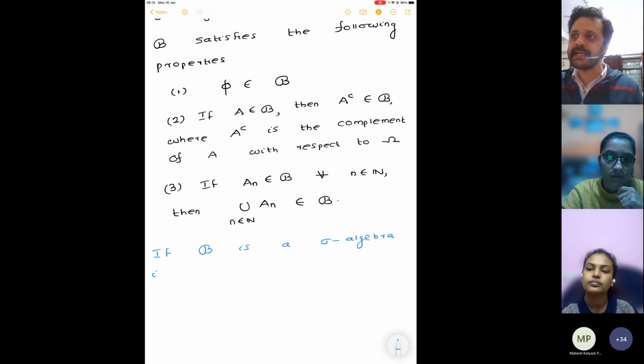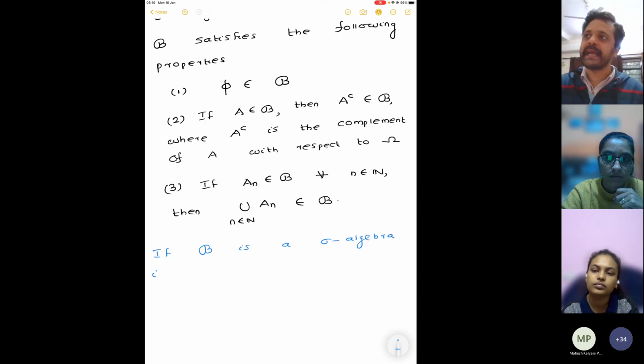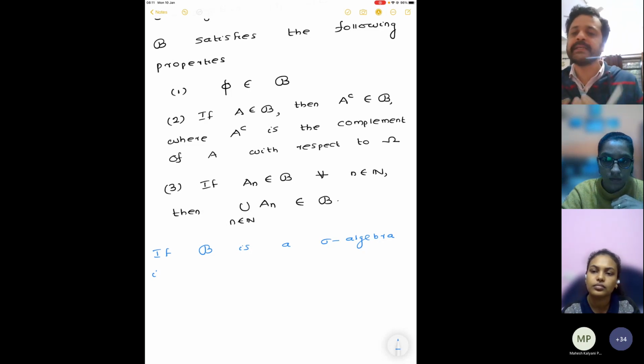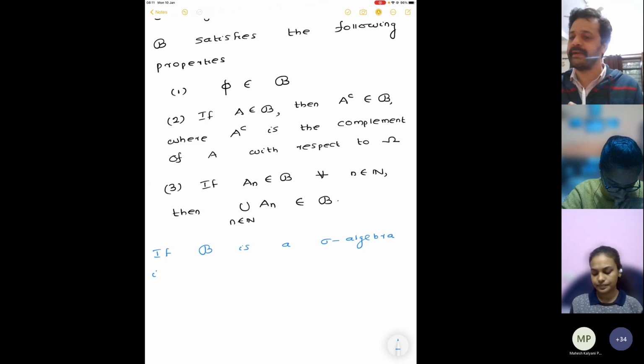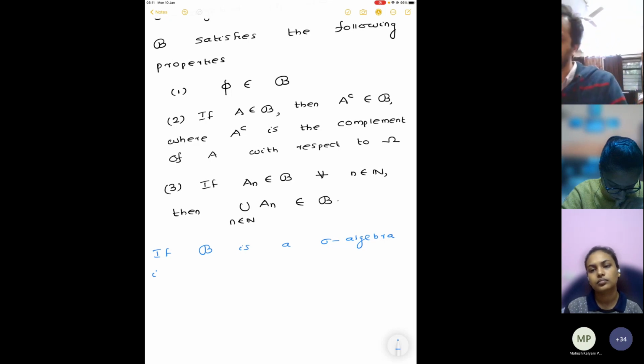So there also you have a collection that satisfies certain properties, and those properties are guided by our own experience with open sets in R or in a metric space. Are you with me? Try to compare. In topology, what are all the conditions? For sigma algebra, what are all the conditions? Try to compare.